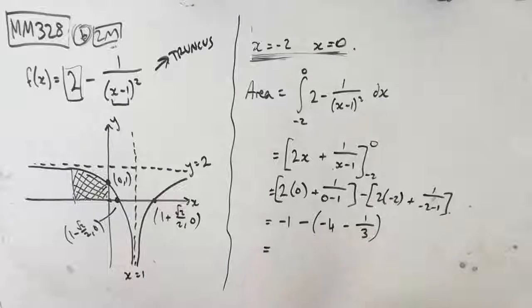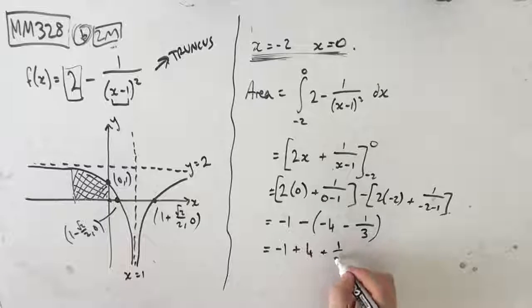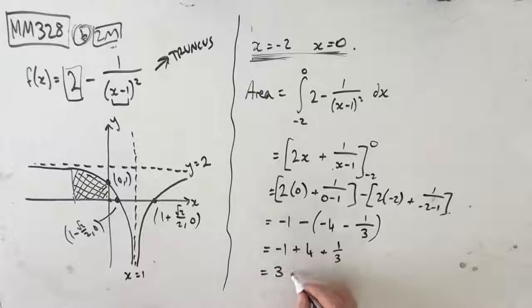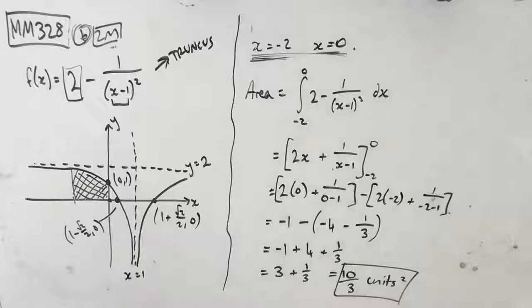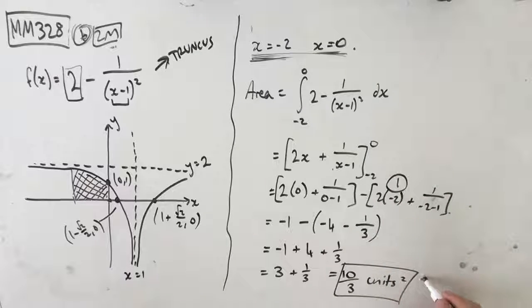Awesome. Now, what we then get is -1 plus 4 plus 1 on 3, so we get 3 plus 1/3, which equals 10 over 3 units squared. Awesome. Now, 2-mark question. Our first mark comes here, and our second mark comes when we actually write our answer of 10 on 3.